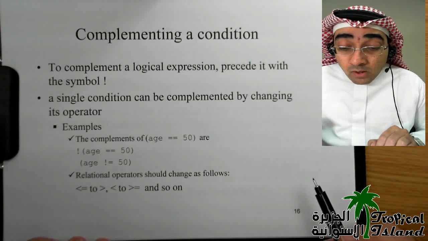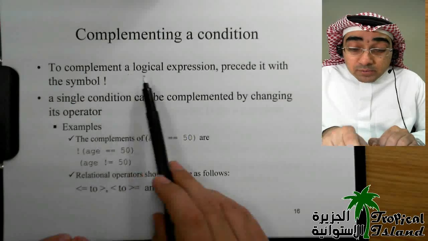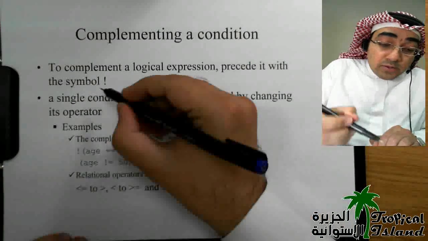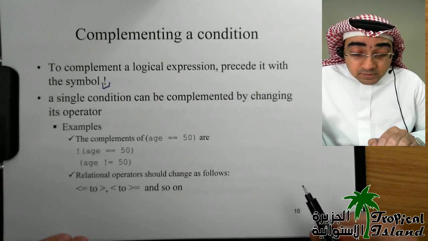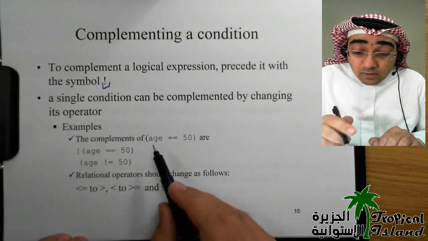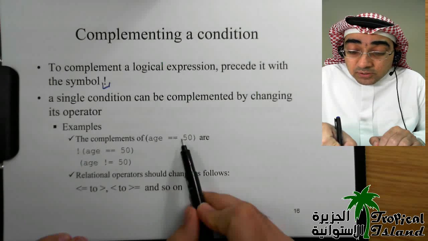Okay, complementing a condition. To complement a logical expression, precede it with the symbol not. Okay, so this is how you do a complement, or you actually negate the statement. Okay, so let's take the example. Age equal to 50. So over here I'm checking if age is actually 50.